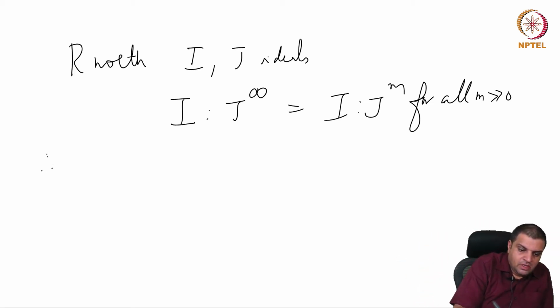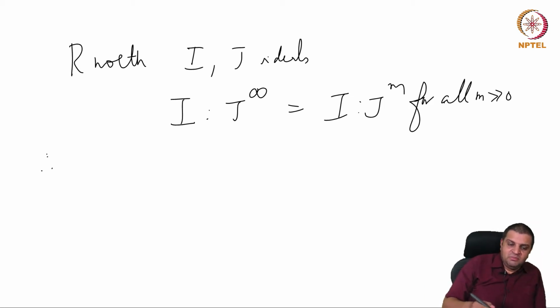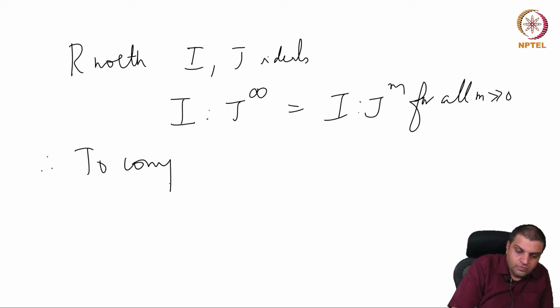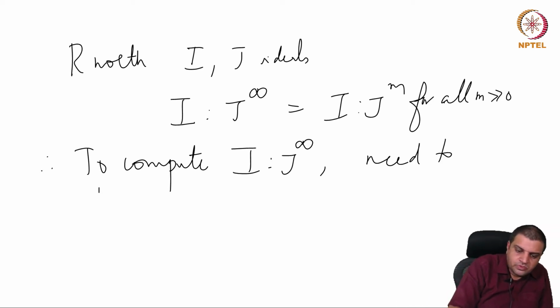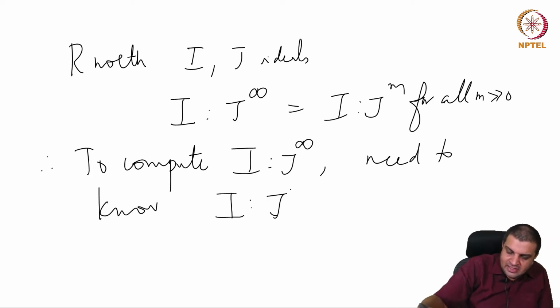Hence, in principle, we could just compute I colon J squared, I colon J cubed, and at some point try to guess whether it has stabilized, and then decide whether that is the saturation. So we could do that. So to compute the saturation, we need to know just I colon J, for different J, as J runs over various things.